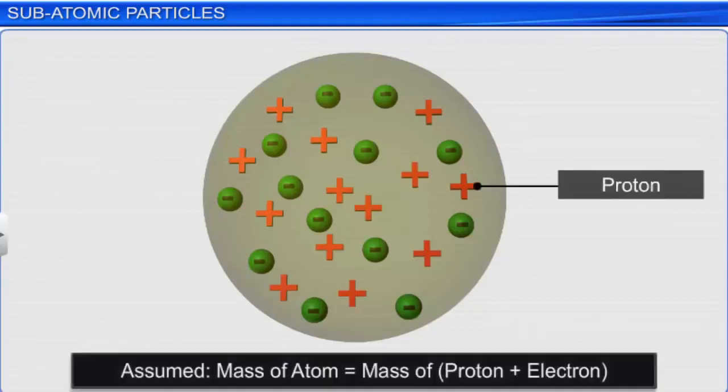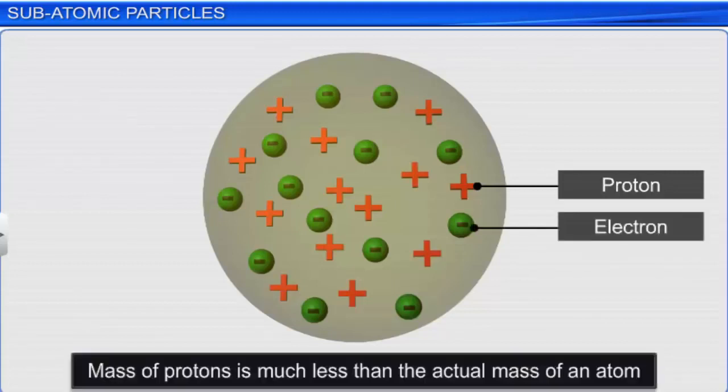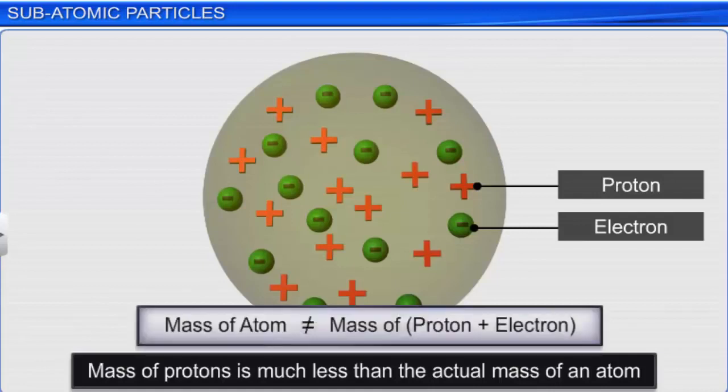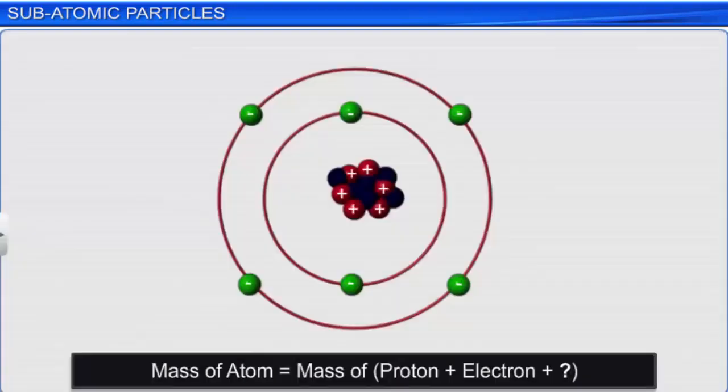It was thought that since each proton has one unit mass on the atomic scale, the mass of an atom must be the number of protons present in the nucleus, as electrons have negligible mass. However, it was discovered that the mass of all protons in an atom put together is much less than the actual mass of an atom. It was thus concluded that the excess mass was due to some other particles present in an atom that had considerable mass but no charge.